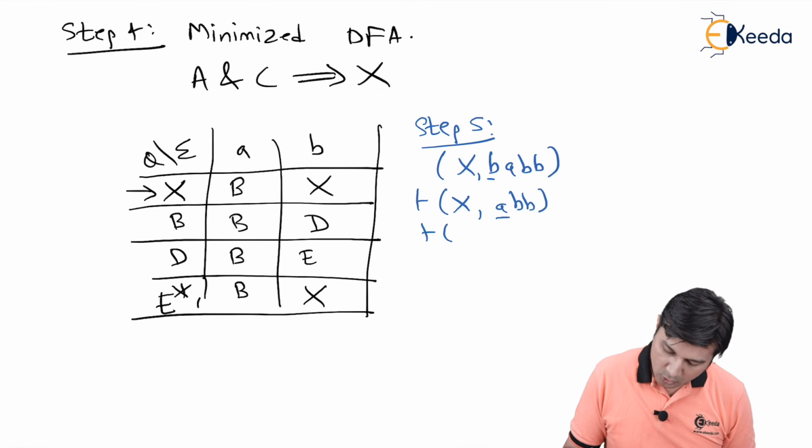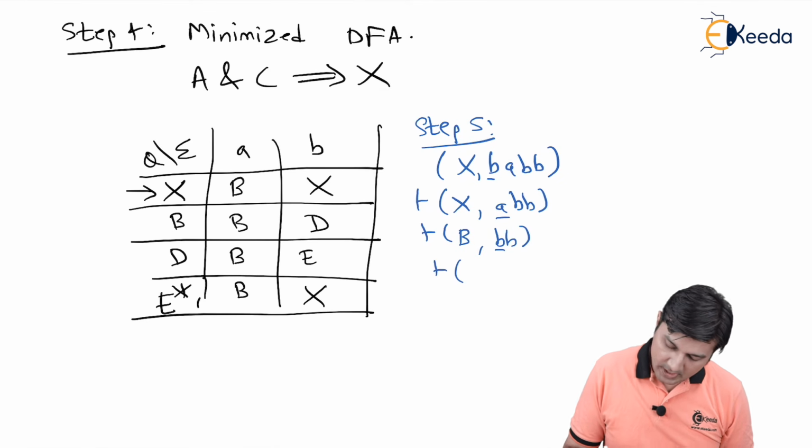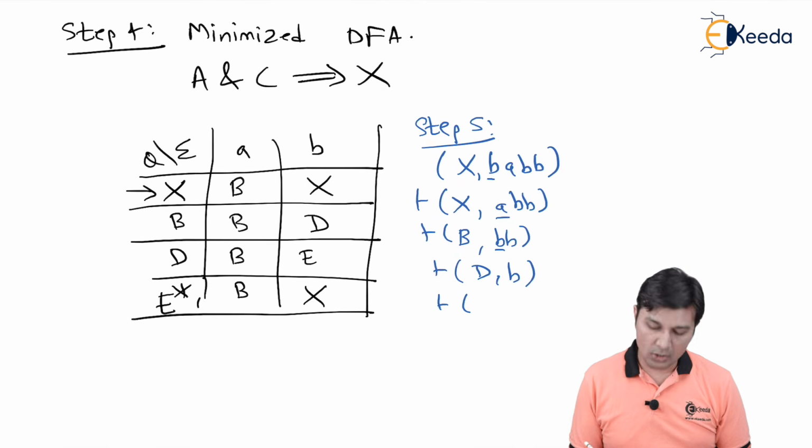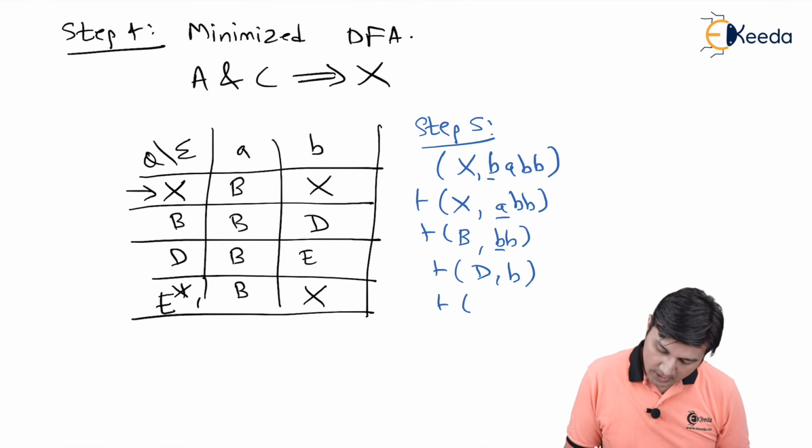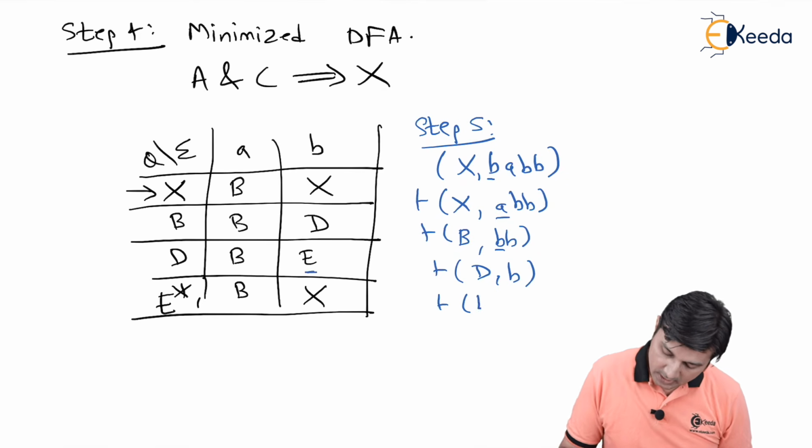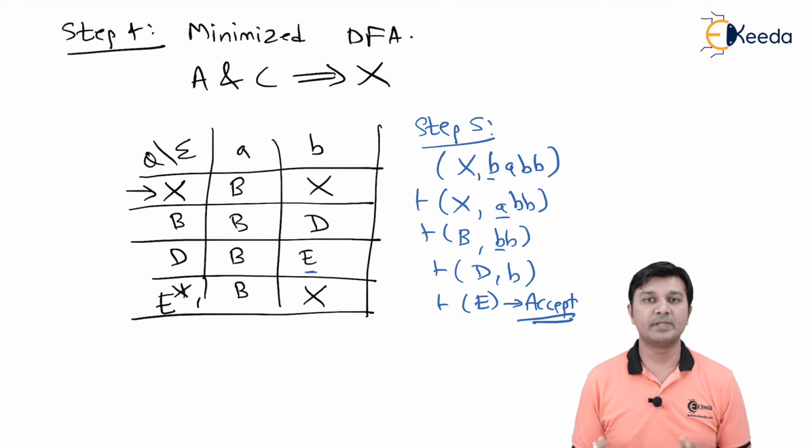X on A goes to B. So I have my BB over here. B on B goes to D. I have single B over here. Lastly, D on B is going to go to E. And since E is the final state, I say the input is going to be accepted by my deterministic finite automata.